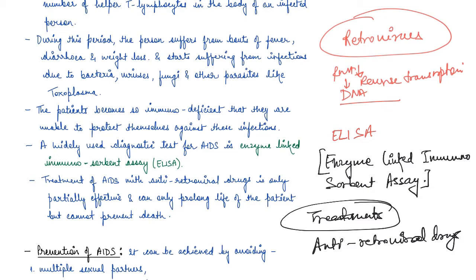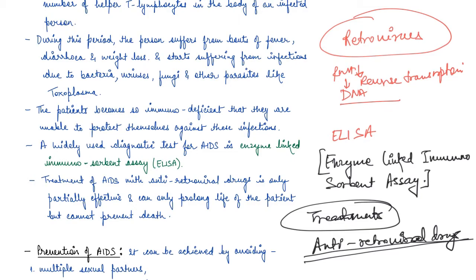But remember, it is giving you some more years to live, but it cannot prevent death. So antiretroviral drugs are used as treatment for AIDS infected individuals, but they can only prolong your life. They cannot cure the disease and they cannot prevent death.